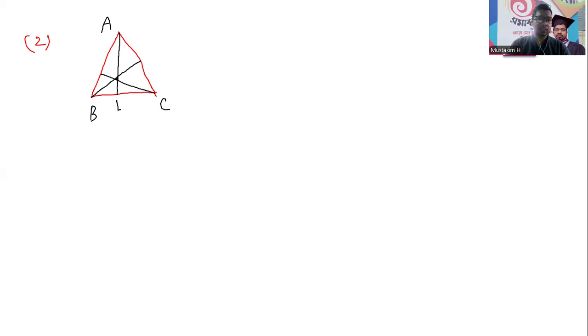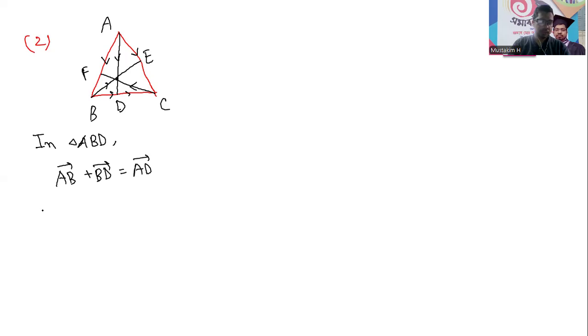So this is D, E, F. Okay. So now we will find out vector AD in triangle ABD. In triangle ABD, you can write AB vector plus BD vector equal to AD vector.